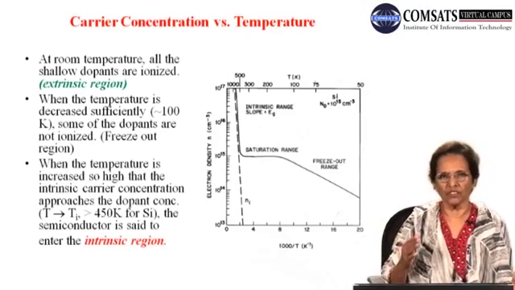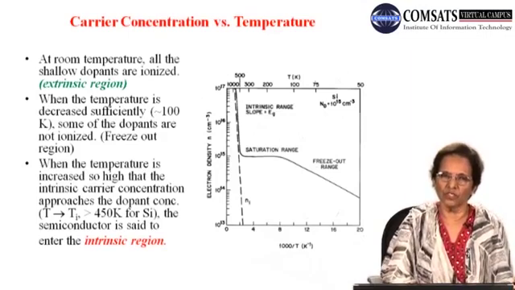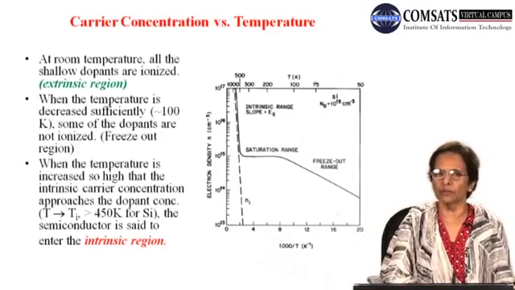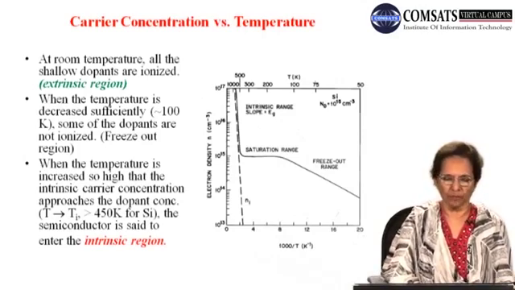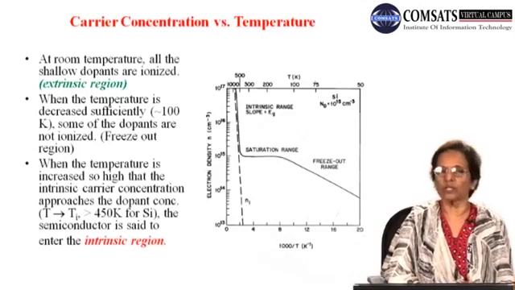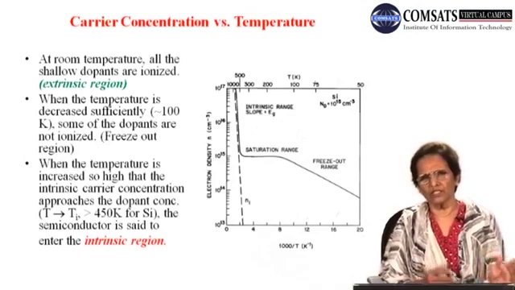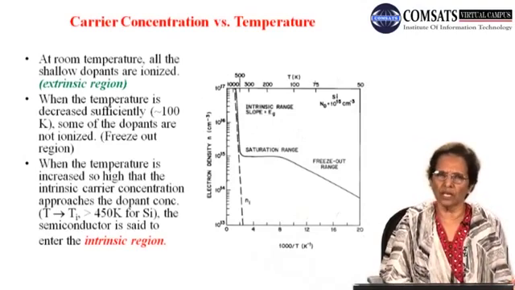All the dopant added impurity stands ionized. So the carrier concentration would increase linearly as the temperature is increased from 0 to some temperature at which the atoms begin to ionize. At very low temperatures, even though the ionization has started, not all the impurities ionize.